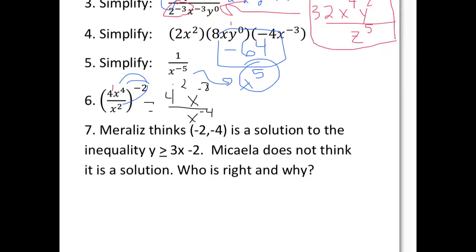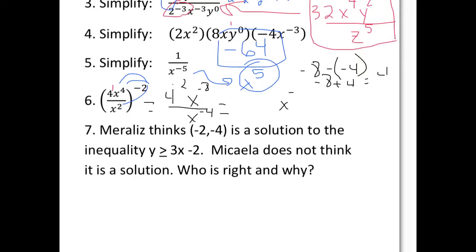First thing we can do is take care of the x's, because when you have two x's and we're dividing, we keep the base, subtract the exponents. So be careful here. Negative 8 minus negative 4. It's going to turn this to plus. Negative 8 plus 4 is negative 4.